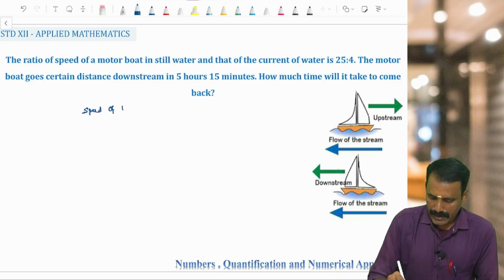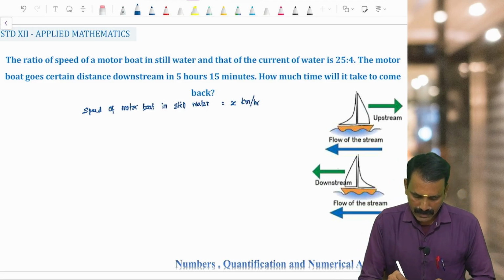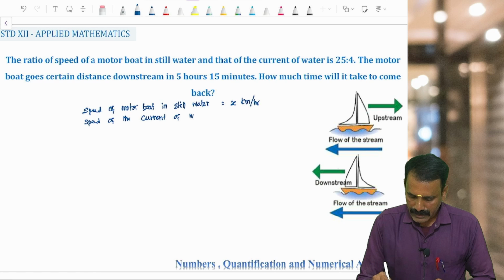We take speed of the motorboat in still water as x kilometer per hour. Speed of the current of water we take as y kilometer per hour.